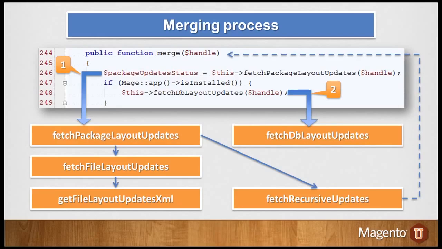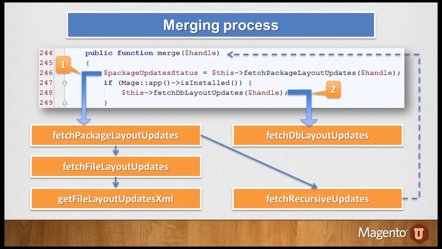After that, the fetchRecursiveUpdates method is called, and if selected handles contain an update instruction, additional handles will be merged into this layout object recursively. After that, the fetchDbLayoutUpdates method is called, which means that layout update entries from the database can overwrite the resulting layout objects. This explains the priority of the layout update of database over XML files.